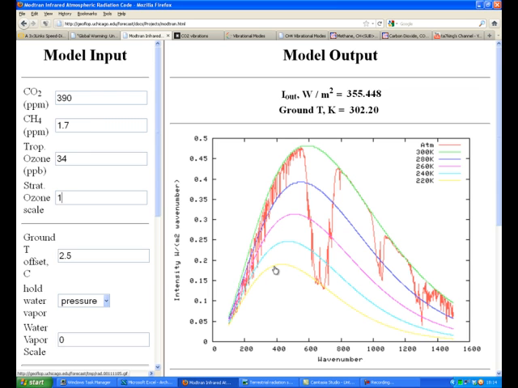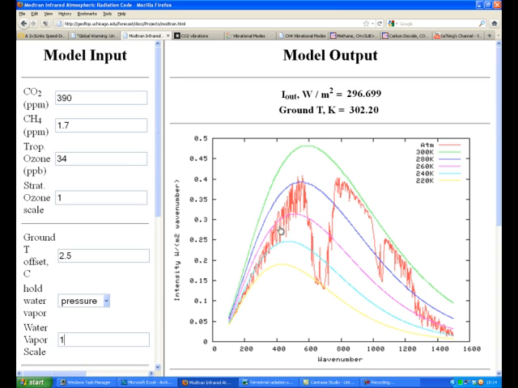We have to use a scale instead, and we're going to use a predetermined scale of 1. So let's see what happens. Okay, and immediately you can see, the red line was up where the green line was, but now there's been a terrific amount of radiation which isn't allowed to leave planet Earth.